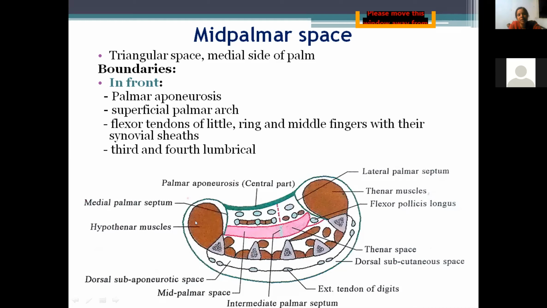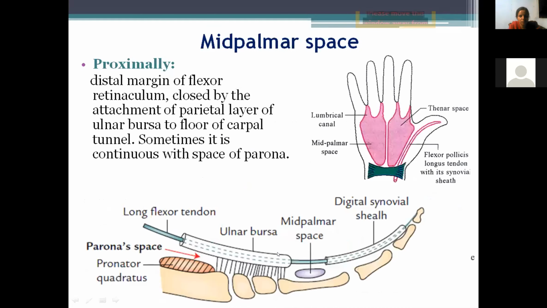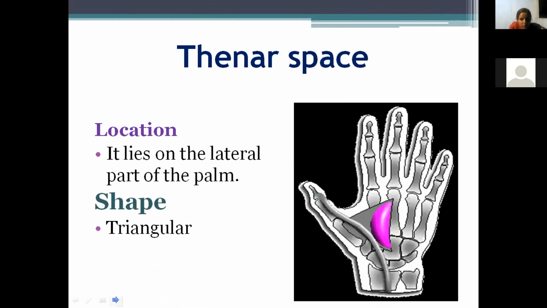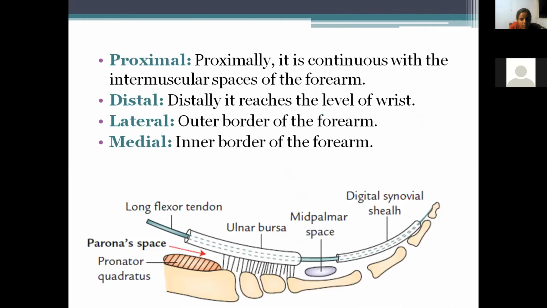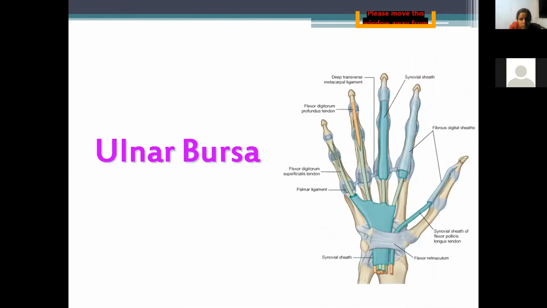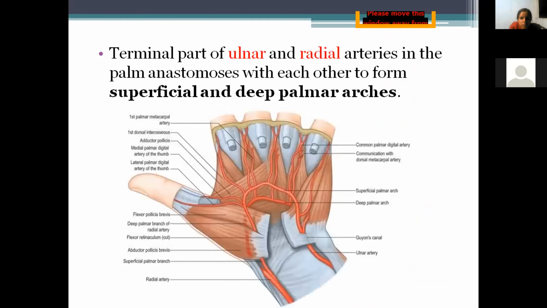Towards the little finger, we have the same AFO code, but the muscles are abductor digiti minimi, flexor digiti minimi, and opponens digiti minimi. When you start doing dissection of the hand, I'll try to show you a different picture, but maybe you will not get the orientation from these pictures. Just a minute.